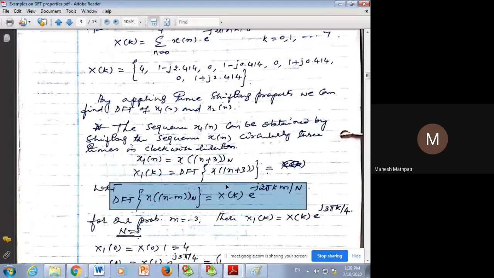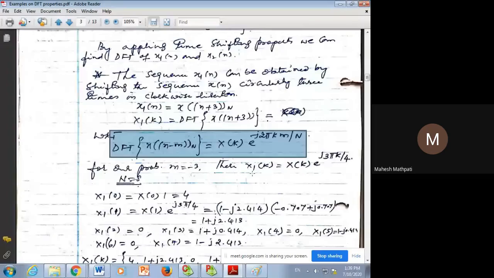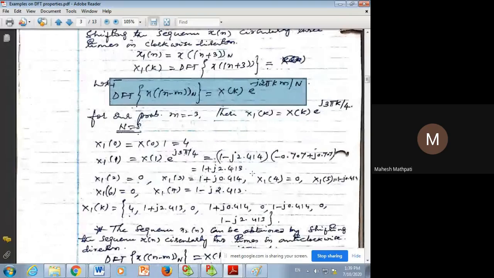It is minus 3. So for our problem, m equals minus 3. Therefore x1 of k equals x of k e power j 3 pi k by 4.